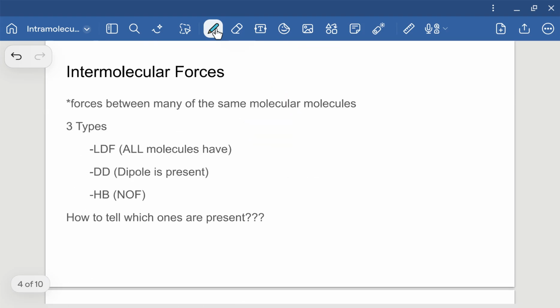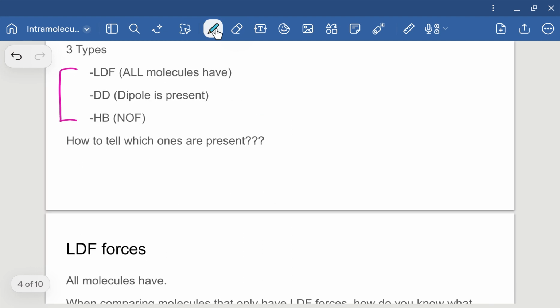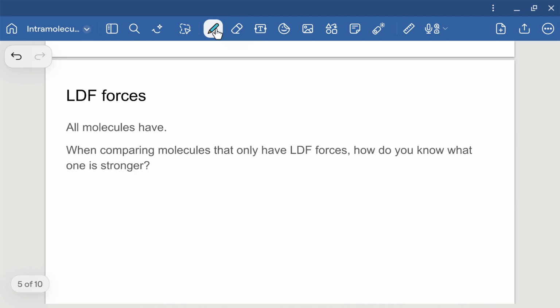Intermolecular forces are the forces that hold molecules together. So when we're looking at intermolecular forces, we don't have to look at ionic because they just have that ionic bond. But what we do look at is our molecular ones and to see which one of these are present. So when we are looking at which ones are present, we start with LDF forces.